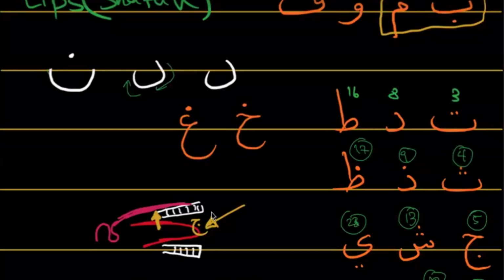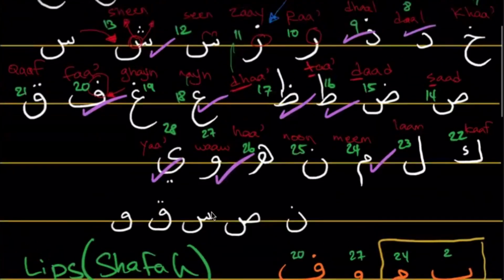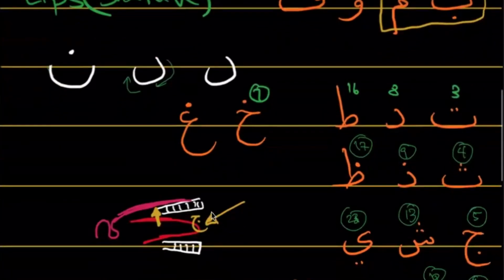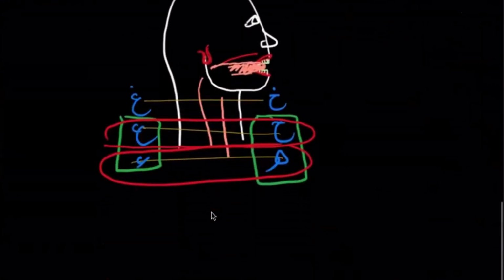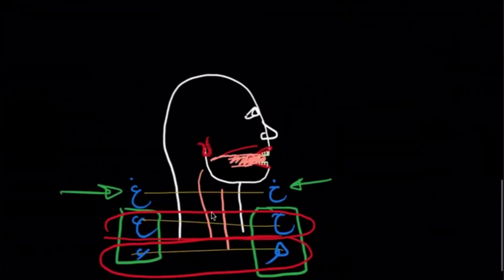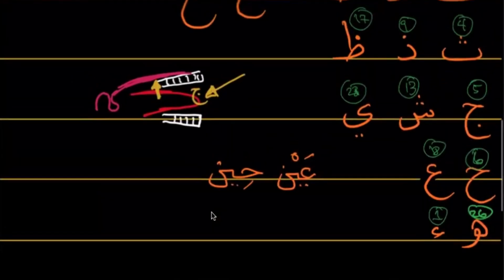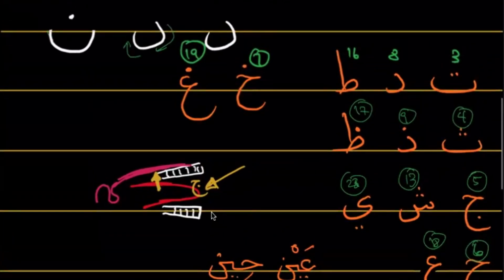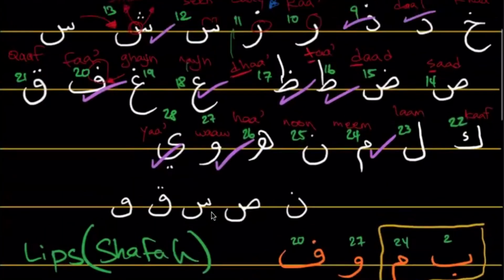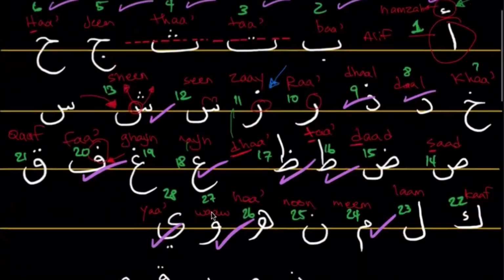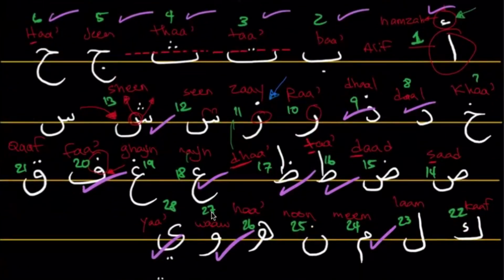So Kha is letter number 7 and Ghain is letter 19. These two are sisters, like I just demonstrated for you here. Kha and Ghain. Okay. Then what? Dal, Dal, Ra.